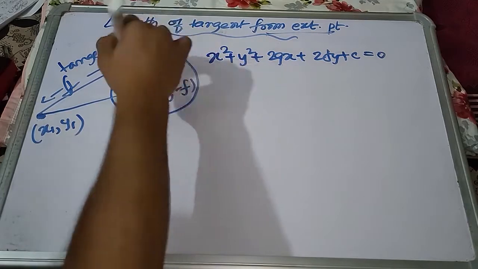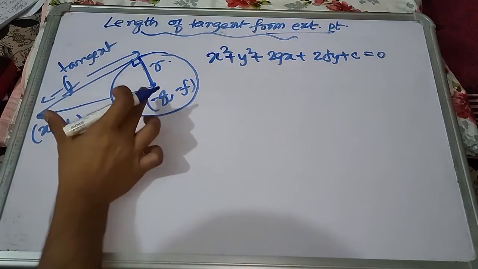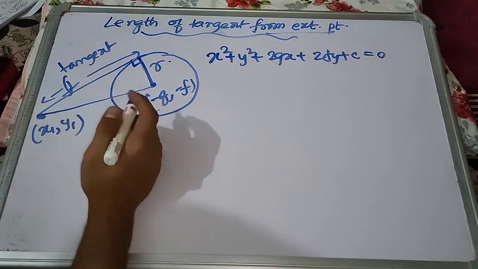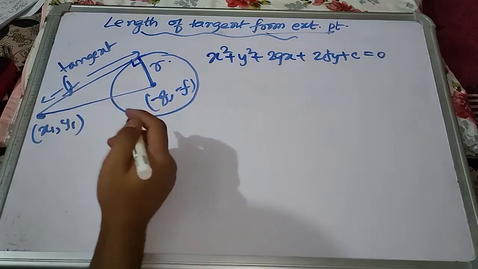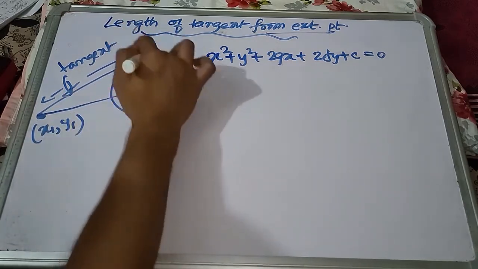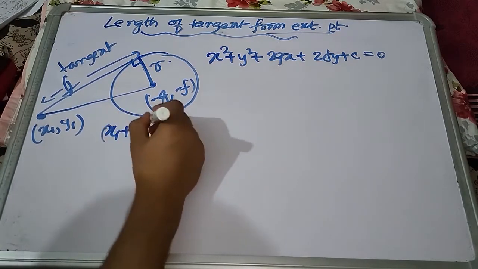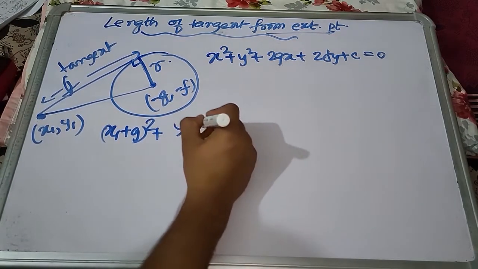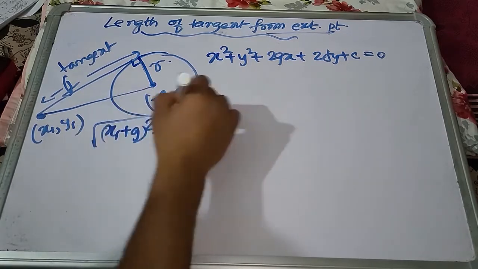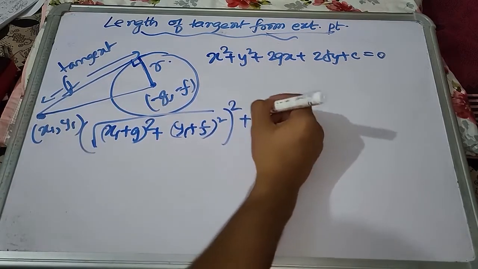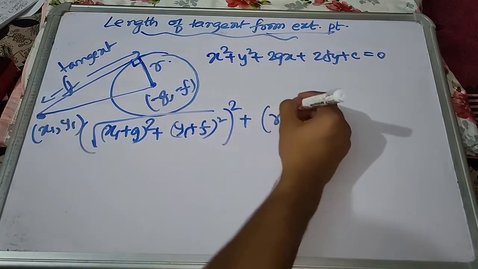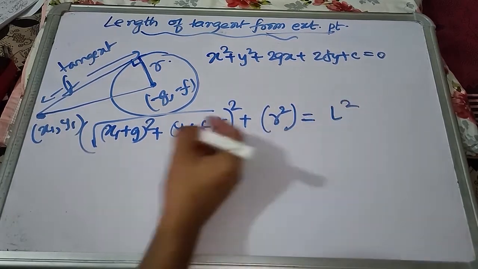And this is your radius, which can be found by the distance formula. If you apply Pythagoras theorem, this is the hypotenuse, this is the base and this is the perpendicular. First find the hypotenuse; its square plus radius square equals L square.